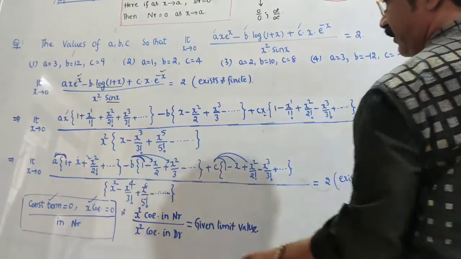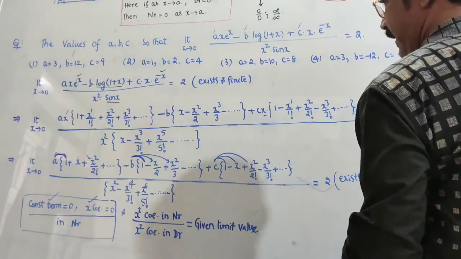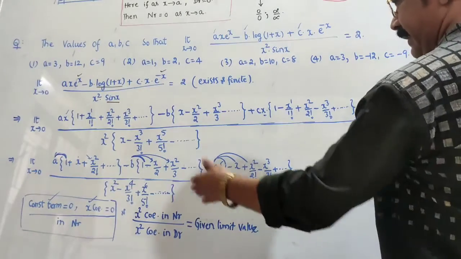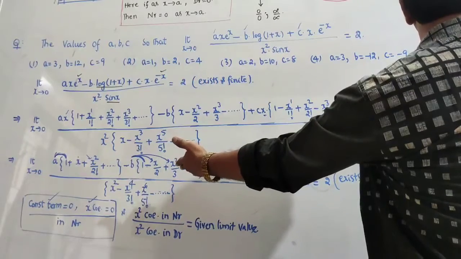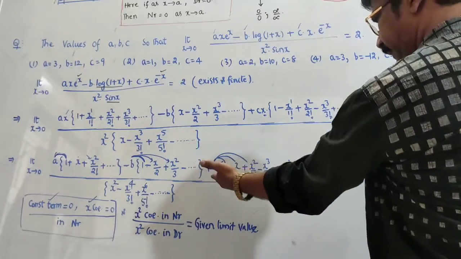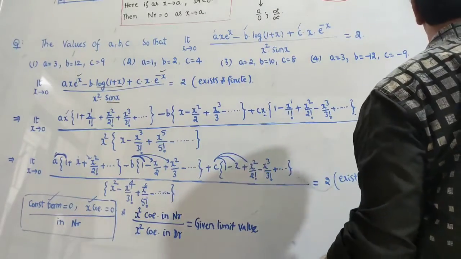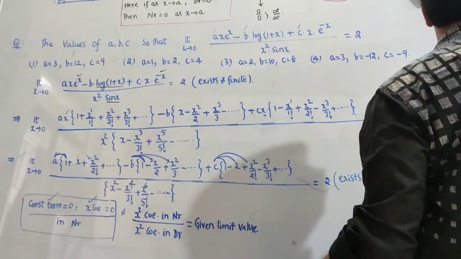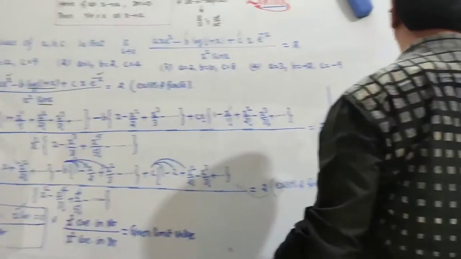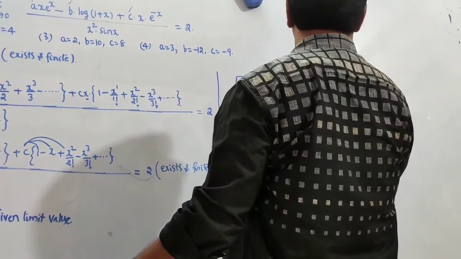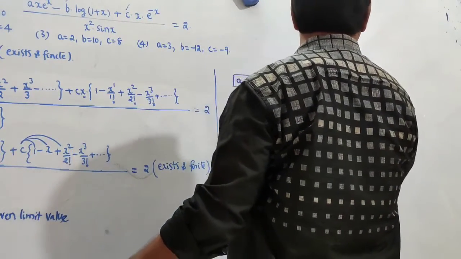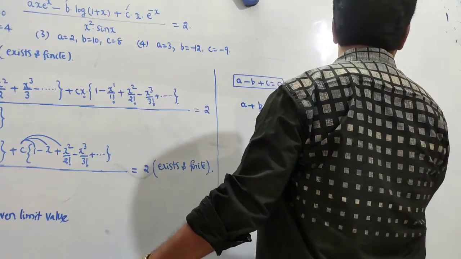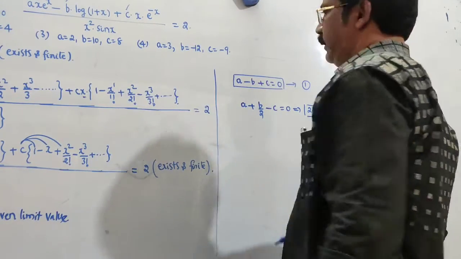So the quotient of x means a, next minus b by 2, next minus c, equal to 0. So that implies 2a plus b minus 2c equal to 0. Let it be equation number 2.